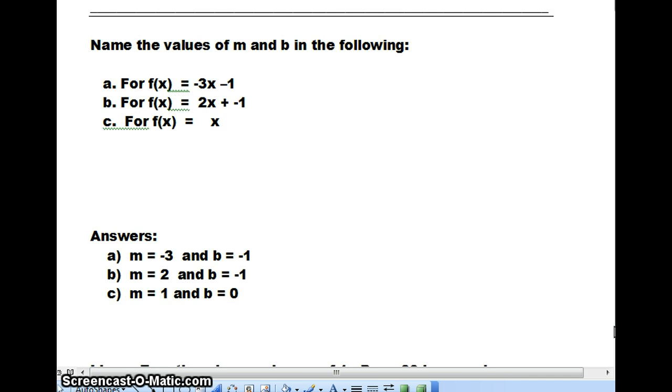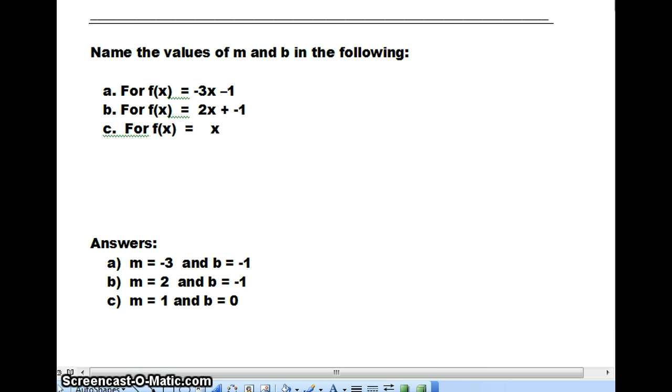Here are the problems that you just worked. On problem A, we look at what the coefficient of the x is. It's a negative 3. That's the value that m is. And the value of b is just the number all by itself, which is a negative 1. On B, the coefficient of the x is 2, so m is equal to 2, and the number is also a negative 1 for b.